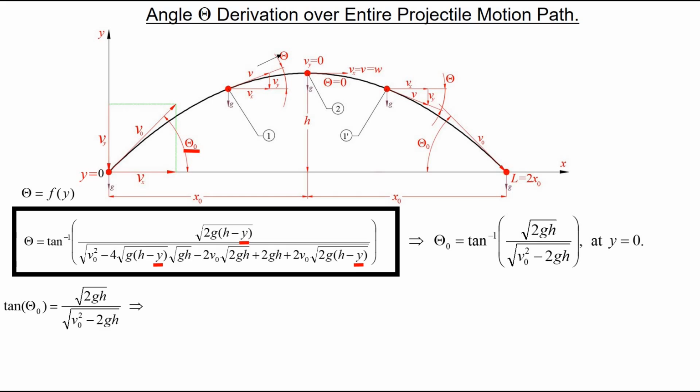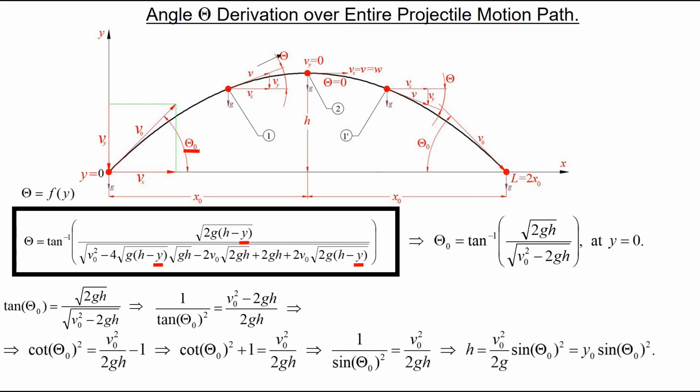Square this equality and raise this equality by -1 power, and we get such a new equality. After more substitutions, the final equation looks like that. So, we derive the maximum height equation from the initial angle perspective, which is an exact expression as in the present theory, but the derivation method is very different.